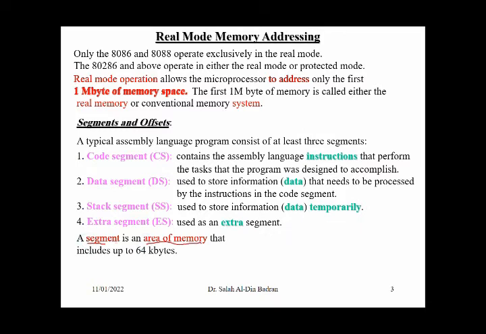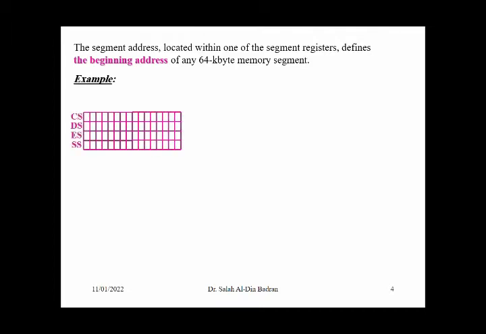An area, a space of memory that includes only 64 kilobytes. The segment address located within one of the segment registers defines the beginning address of any 64 kilobyte memory segment. Let's explain this in the following example.